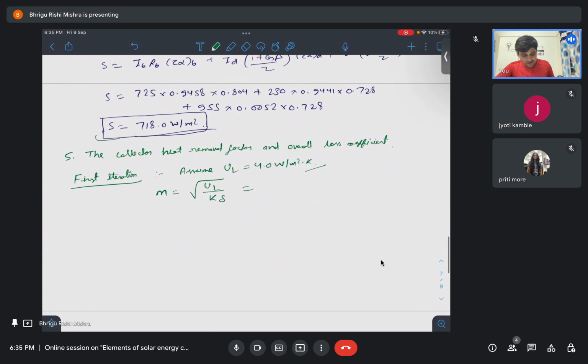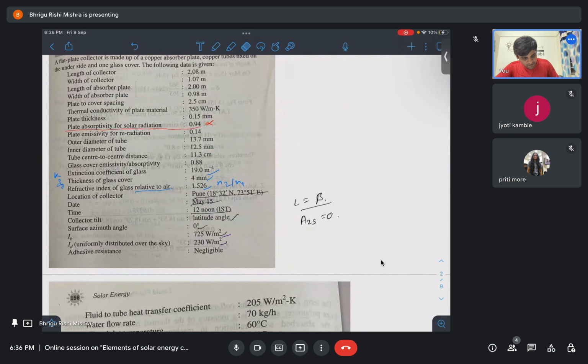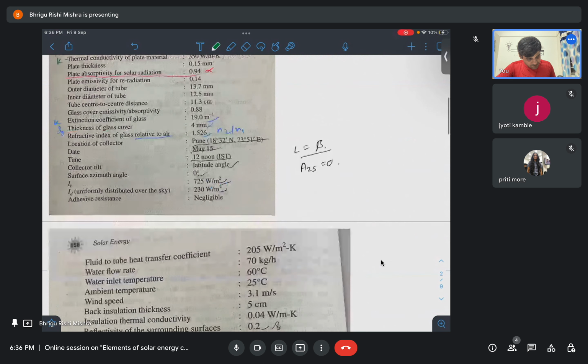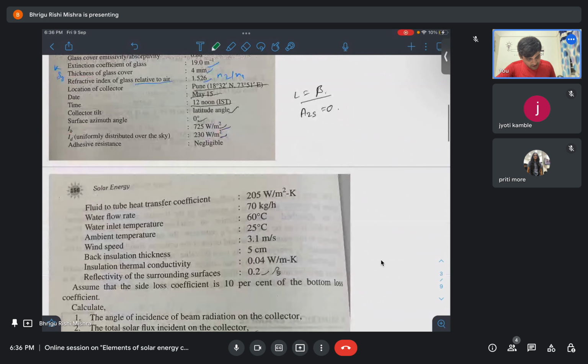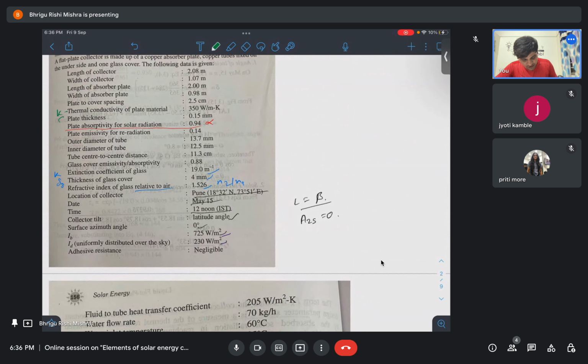Yeah, this one, the thermal conductivity of the plate material K. Okay, so this is given, and we also have the thickness of the plate, not the glass cover, which is 0.15.